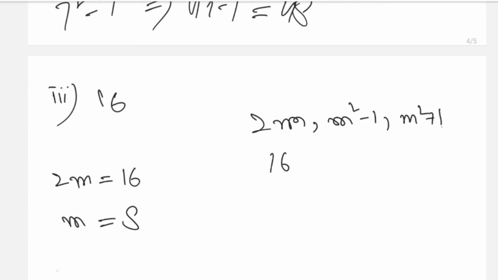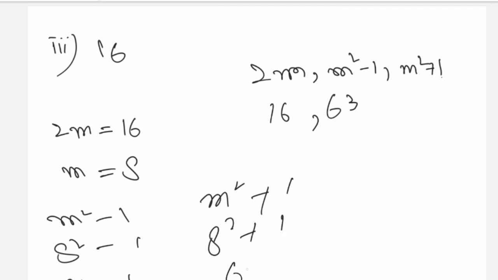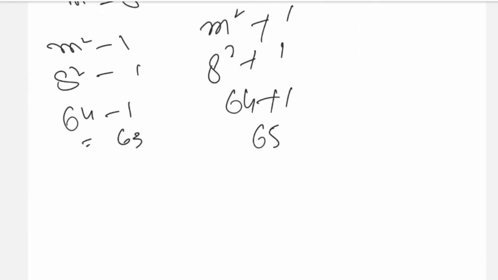So m square minus 1, 8 square minus 1, 64 minus 1, that is equal to 63. So m square plus 1, 8 square plus 1, 64 plus 1, 65. So these 3 are the Pythagoras triplet.